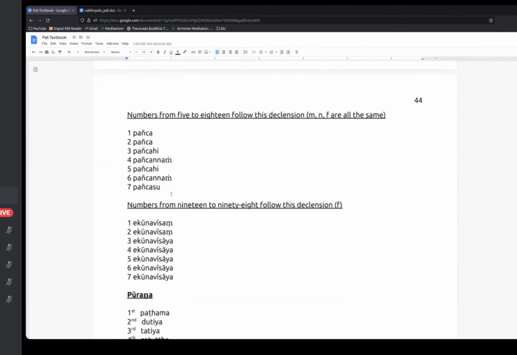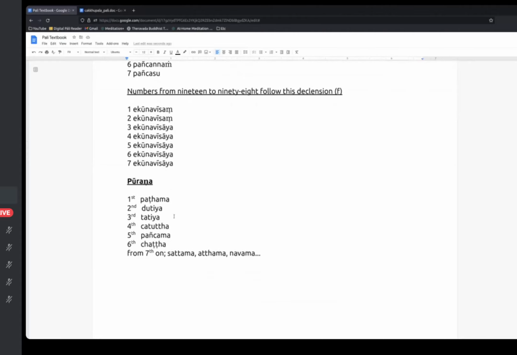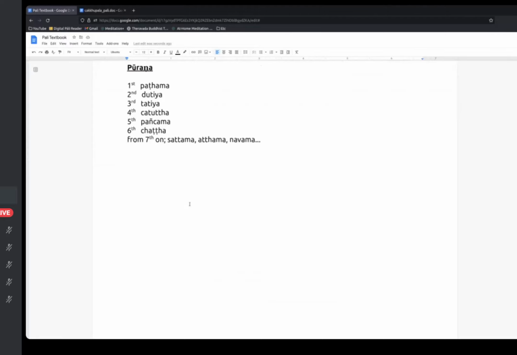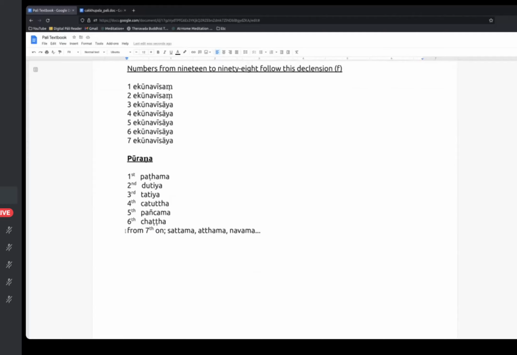Pancha, so the rest are feminine. They're all going to be the same. Panchanang, panchahi, panchanang, chasu, gunavisang. Okay. I must not have gotten into much detail because this is not quite complete.